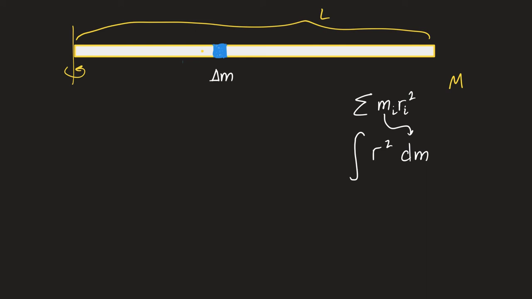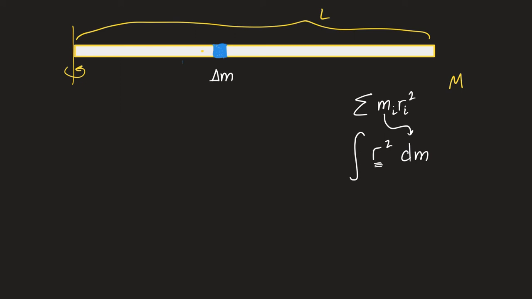Now, what we have to do is we need to assemble something here that we can take the integral of. Right now, this current expression is not descriptive enough. We can't integrate dm because where each piece of mass is on the object matters.